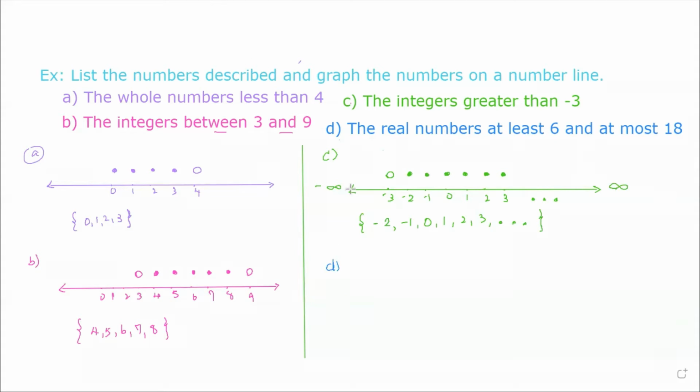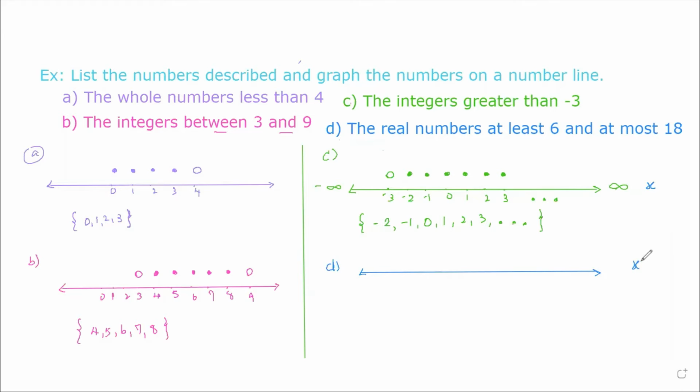Okay, again, the number line. Then the arrowheads on both sides. Then the real numbers at least 6 and at most 18. On the number line, usually we represent with x, right?